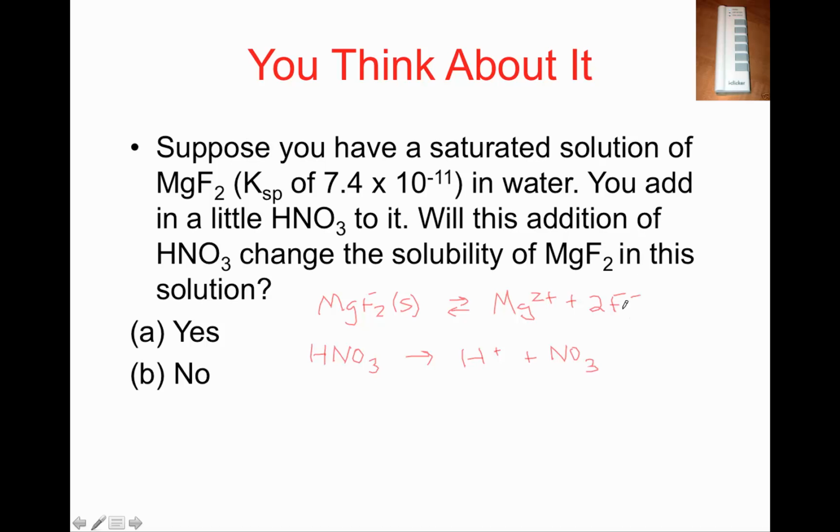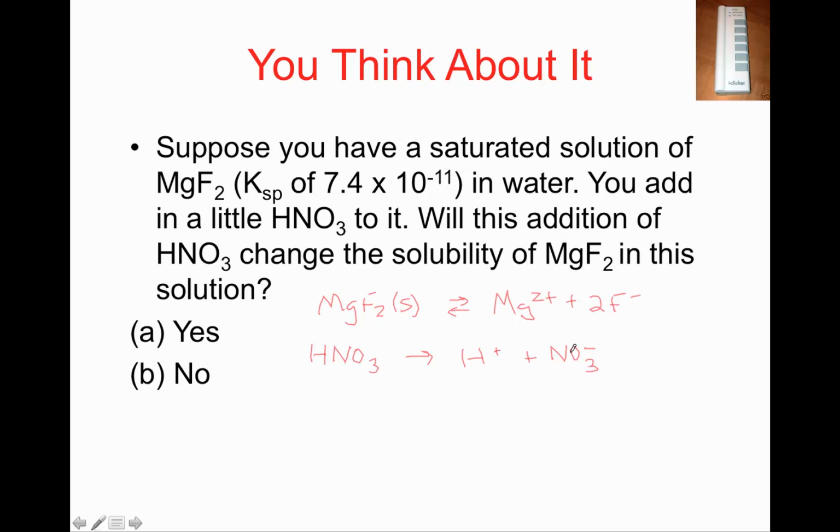This is a weak base. It's going to interact with water. We've seen that lots of times. But the question here is, how does this material right here change the solubility of the magnesium fluoride? Do the presence of these ions right here in any way change these concentrations and thereby change the solubility of the magnesium fluoride, the amount of it that will dissolve in solution?